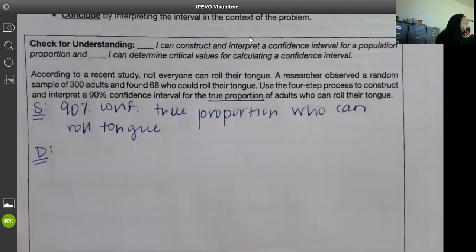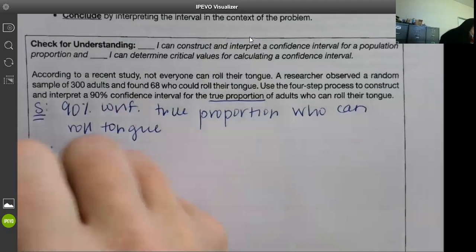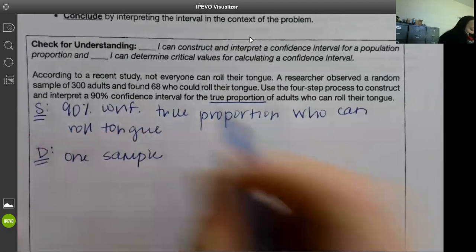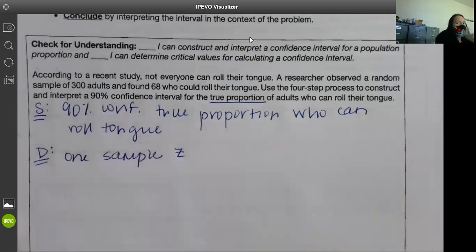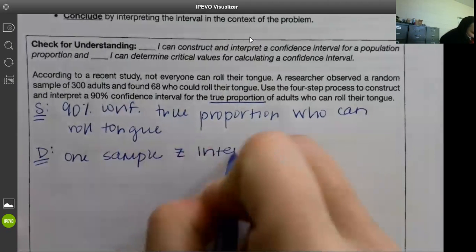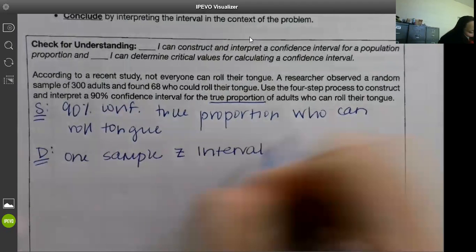You need to write out the procedure that you're going to do. We're doing a 1 sample because we're only taking 1 sample. We're doing Z. How do we know we're doing Z? Because it's a proportion. We're making an interval. Again, for proportions.